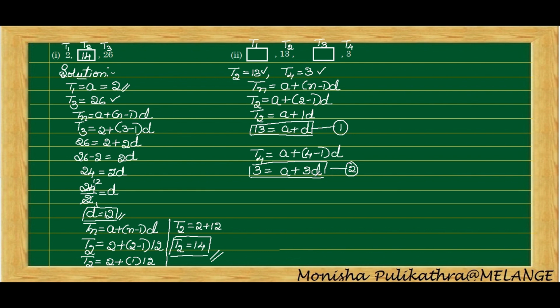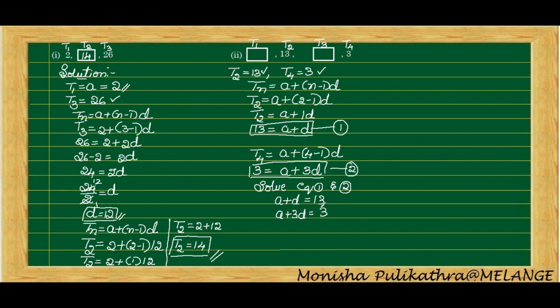After getting two equations, we need to solve equation 1 and 2. Okay. So write the equations. The first equation, I will write it in this form, that is A plus D is equal to 13, and the second one is A plus 3D is equal to 3.